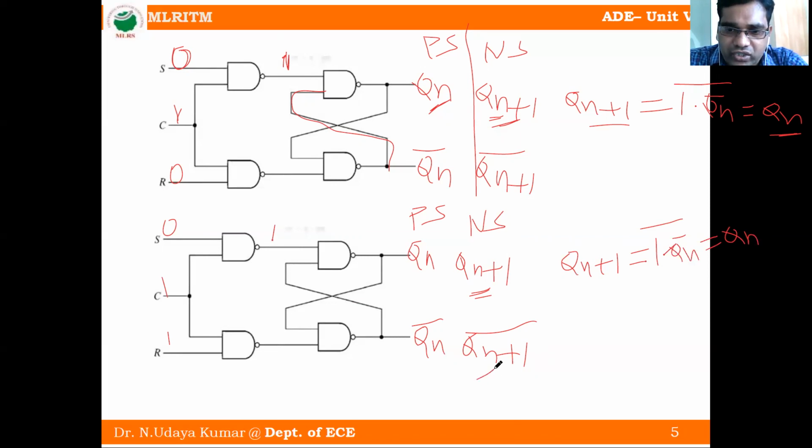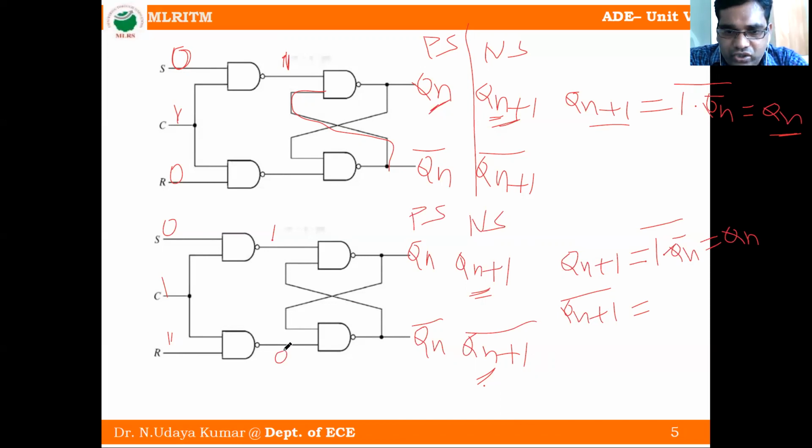Next we will calculate the next state complement, that means Qn plus 1 whole bar. Because we are not getting any value, we go for the other option. Qn plus 1 bar is equal to this one. So this is 1 into 1, which is 1, and the complement of 1 is 0.